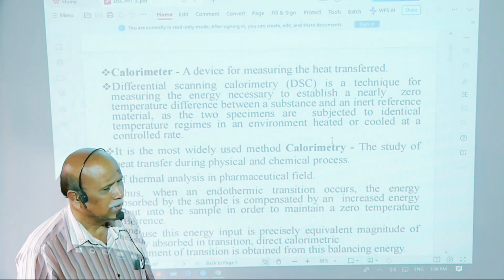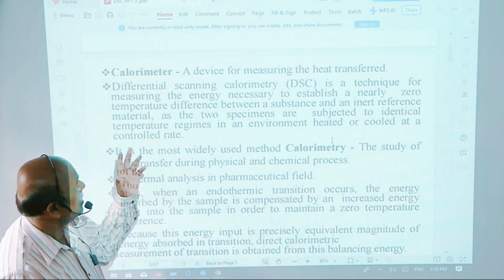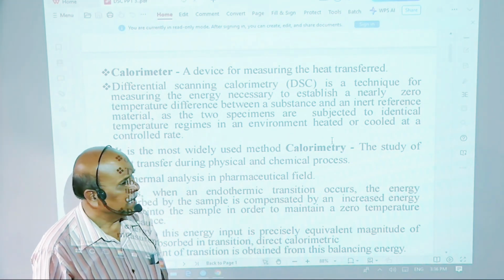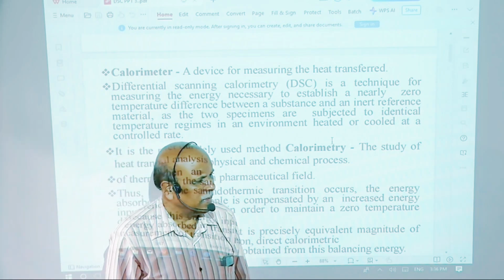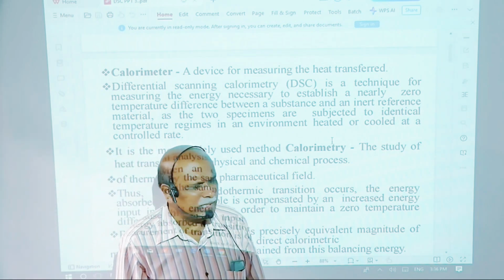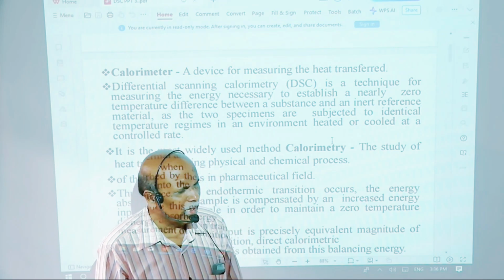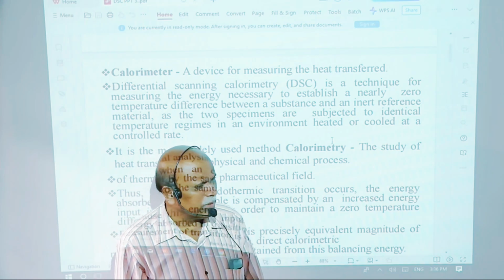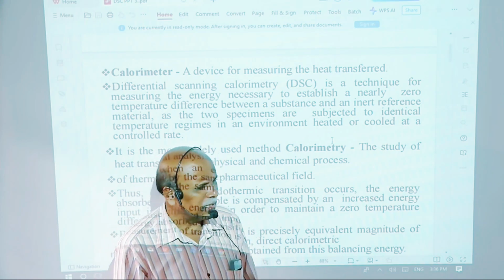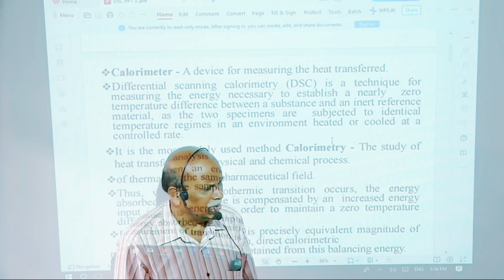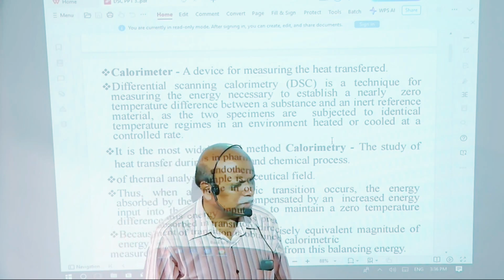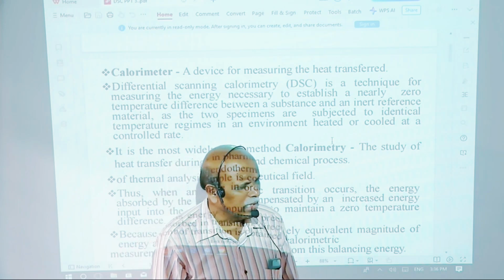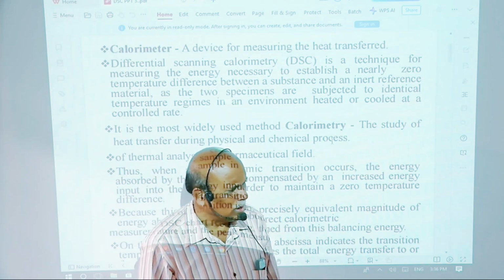Next, calorimetry is nothing but a device for measurement of heat transfer. DSC is a technique for measuring the energy needed to establish a nearly zero temperature difference between a substance and an inert reference material, as the two specimens are subjected to identical temperature regimes in an environment heated or cooled.